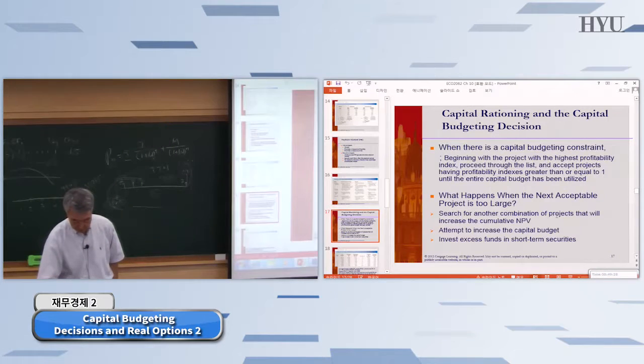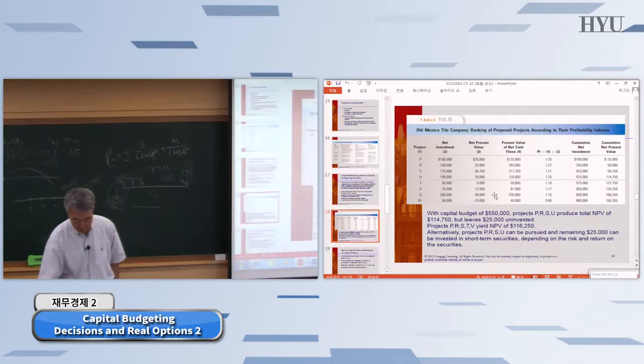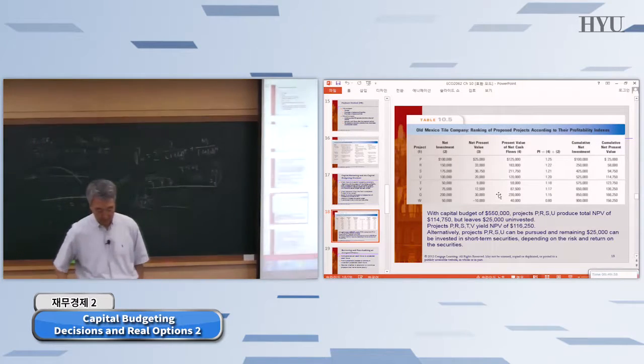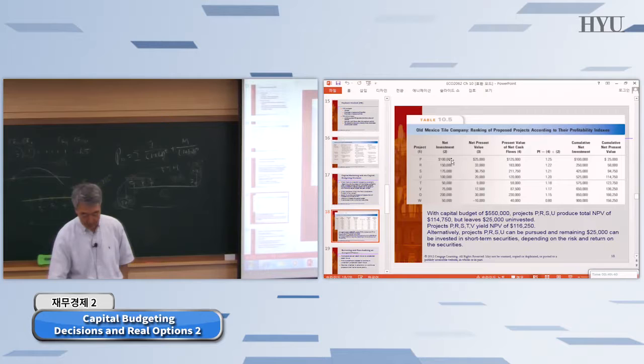So, like this, we have 8 different projects listed here. And here's the net investment for each project, net present value, and present value of net cash inflows. So you calculate the profitability index.